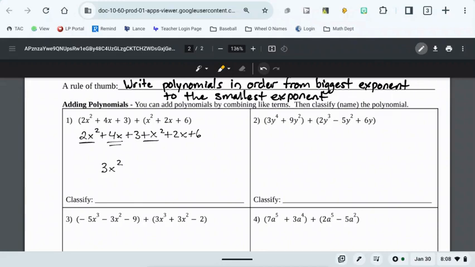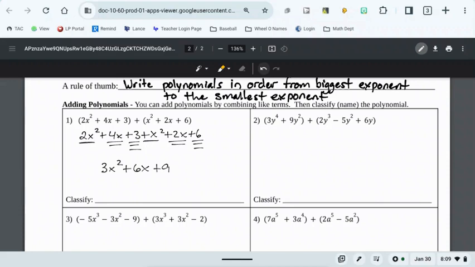The next term I see is 4x, and we're going to add that to 2x, 6x, and then I have our constant of 3 plus our constant of 6 gives us 9. Notice how I matched up each of our like terms by giving the squareds one underline, the linear terms, the linear degrees 2 underlines, and then I gave our constants 3 underlines, just so we know that we've gotten all of our different terms and we've combined everything and haven't left anything out.